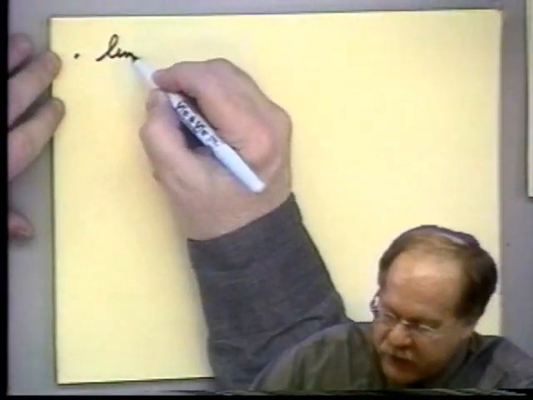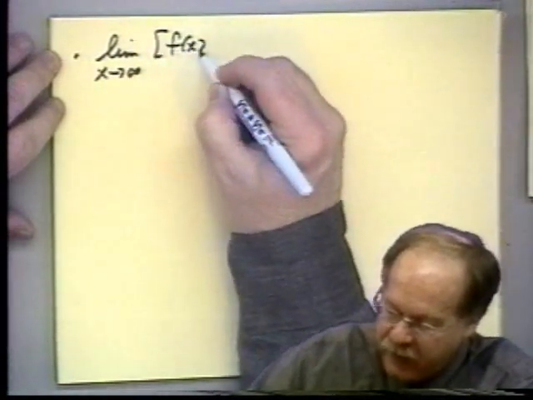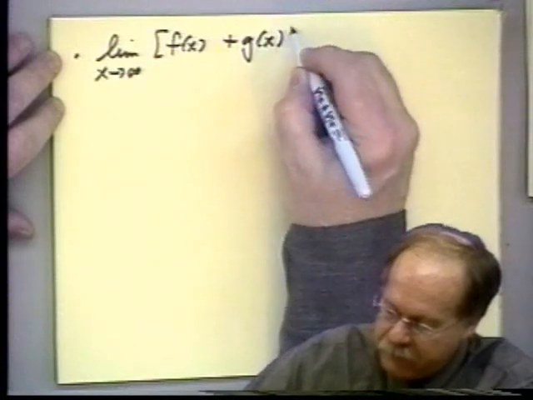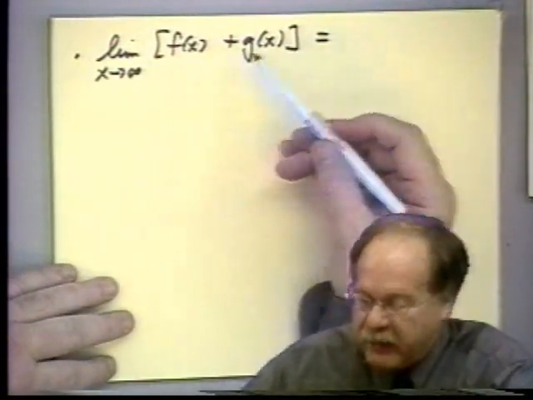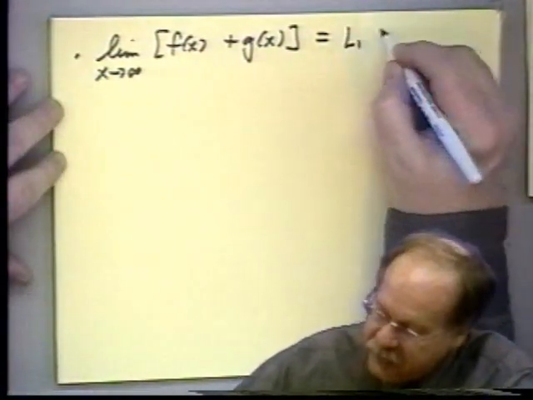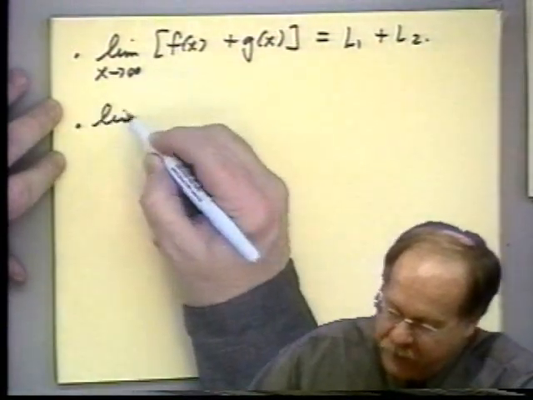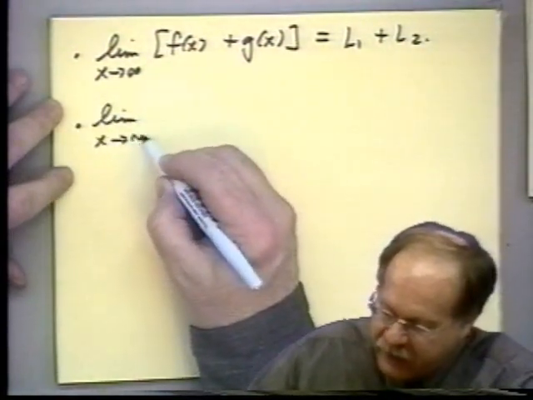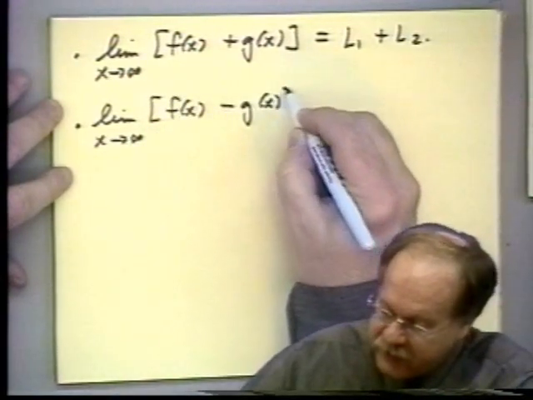First, what is the limit as x approaches infinity of the sum of these two functions? Well, just as before, it is the sum of the two limits. And the two limits were L1 and L2, so this becomes L1 plus L2. The limit as x approaches infinity of the difference is exactly the same format.